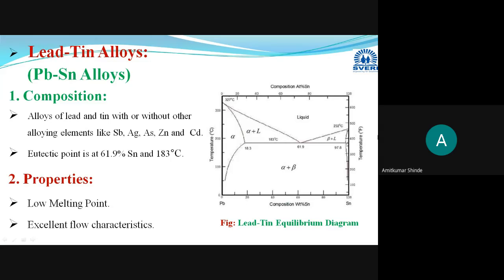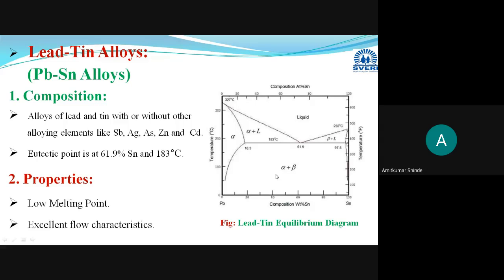Now here in the diagram you can see clearly this is the equilibrium diagram for lead and tin. Lead's chemical symbol is Pb and Sn is the tin. On the x-axis weight percentage of tin is taken, on the y-axis temperature is taken.